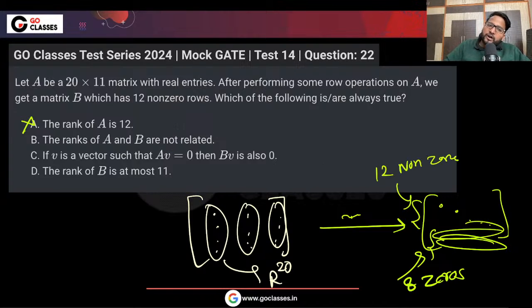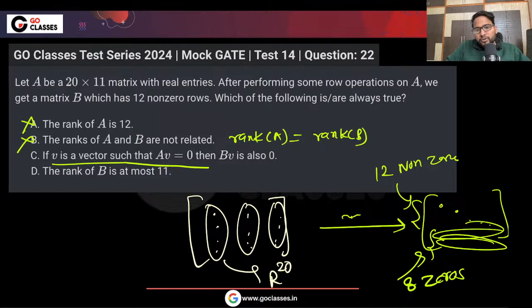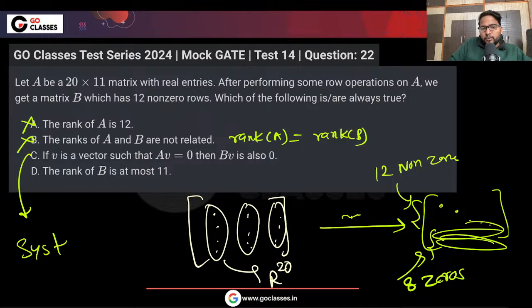No, rank of A and rank of B are actually equal. They are related. If V is a vector such that AV equal to 0, then BV is also 0. Yes, that is how we solve a system of linear equations. The solutions don't change.